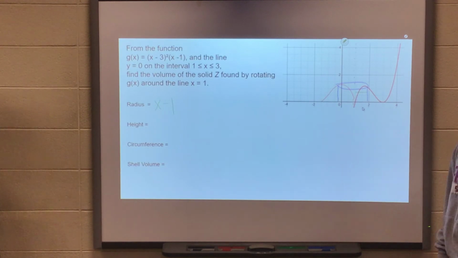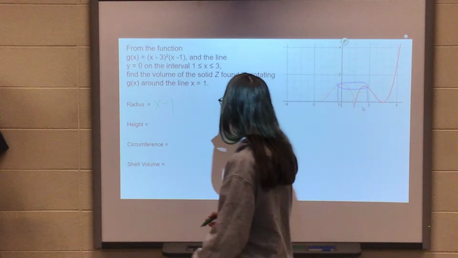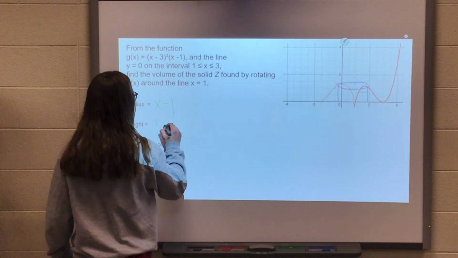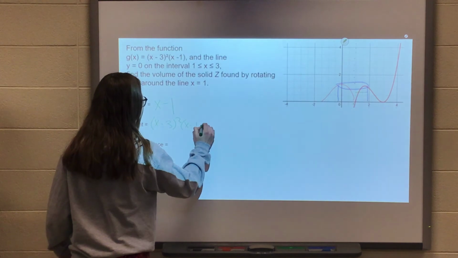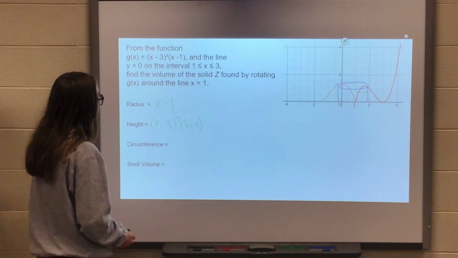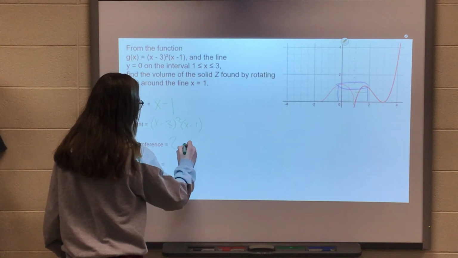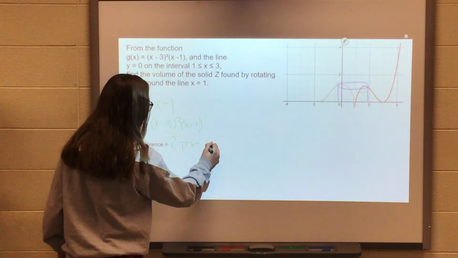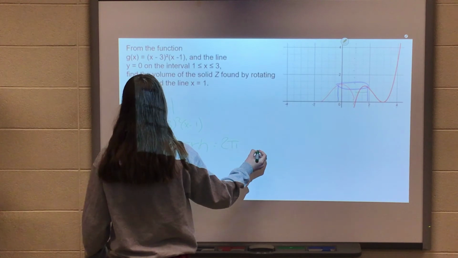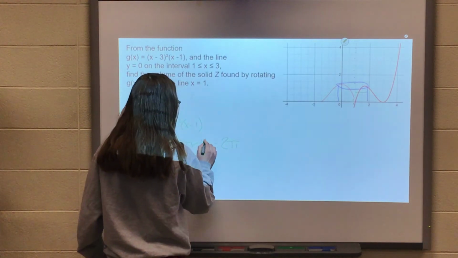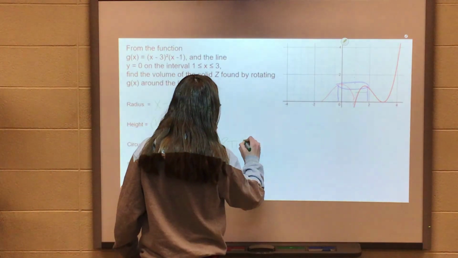Cool. Okay, so then we have to find the height, which is the function. So the height is just x minus 3 squared times x minus 1. And then the circumference, as before, it's just 2 pi r. My bad, no height, my bad. So then x minus 1.